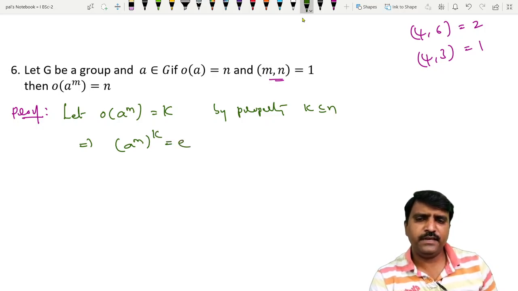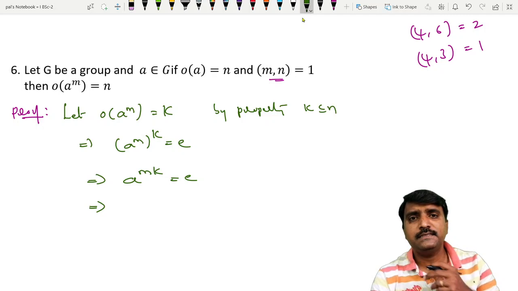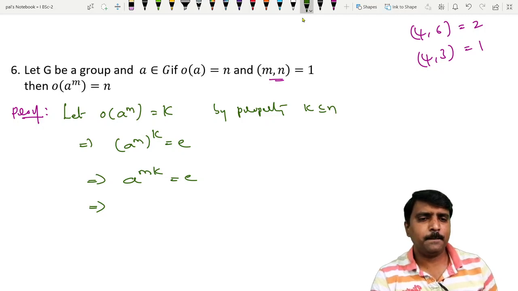So A to the power of MK is equal to E. A to the power of MK is the identity element. And A to the power of N is E, because the order of A is N.